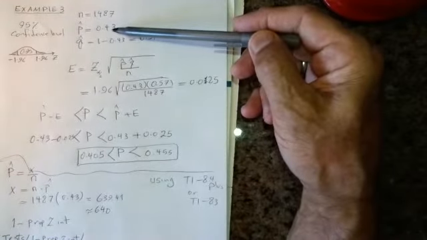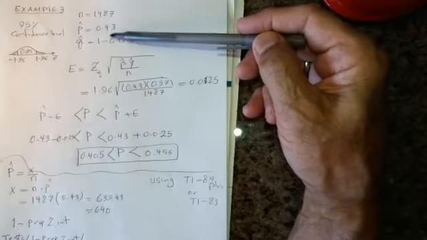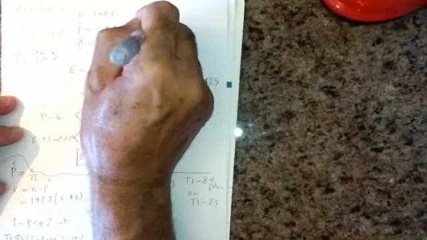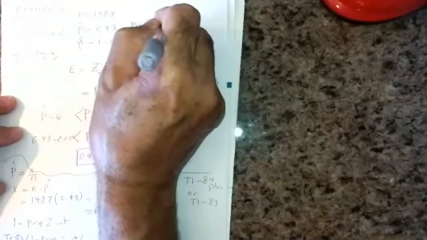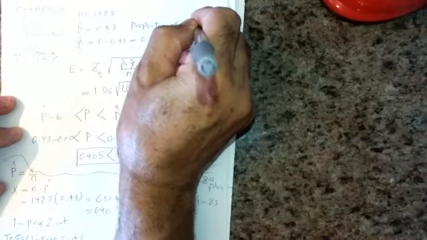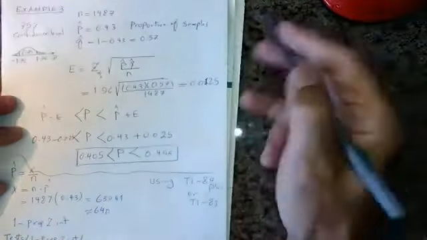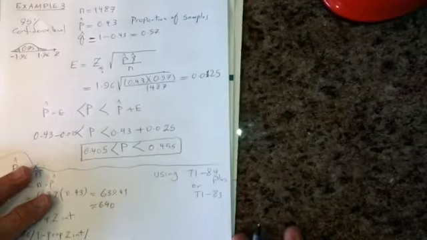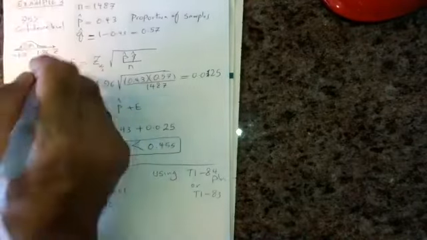P hat is the proportion of the samples. And of course, Q hat is always 1 minus that. So first we have to find the margin of error, E.